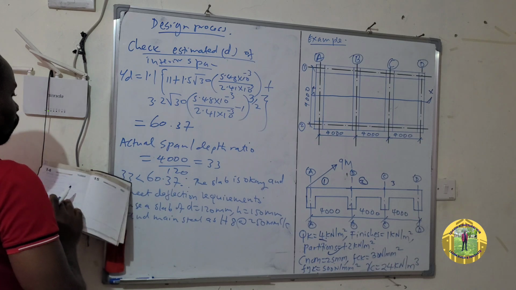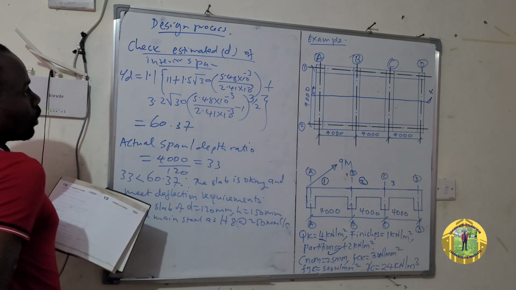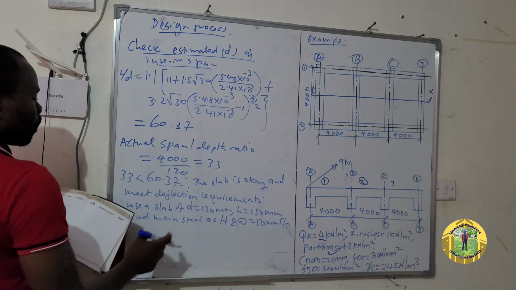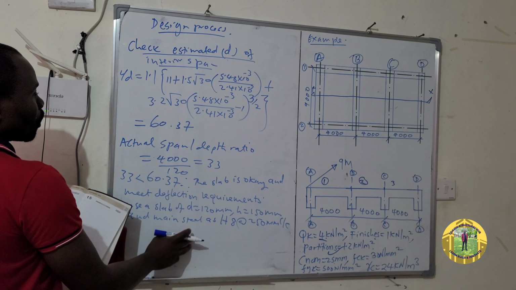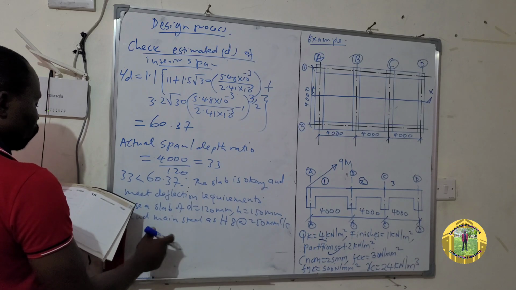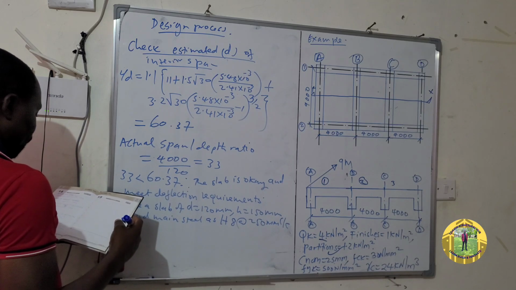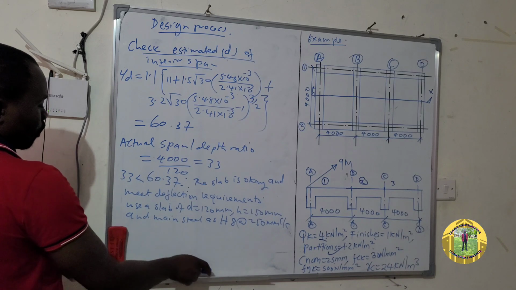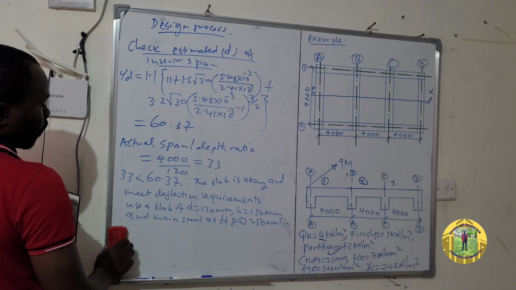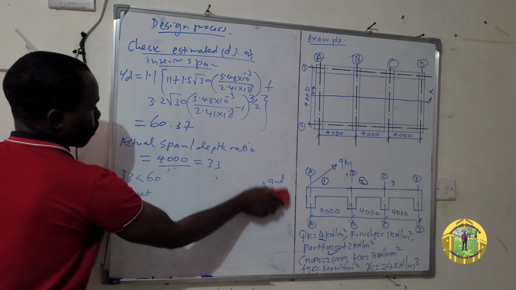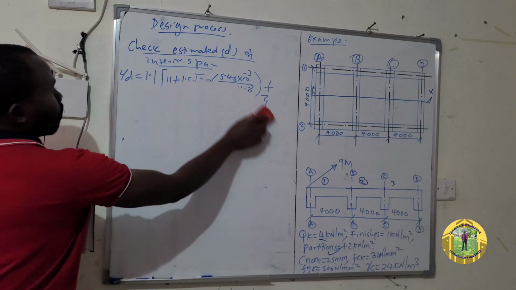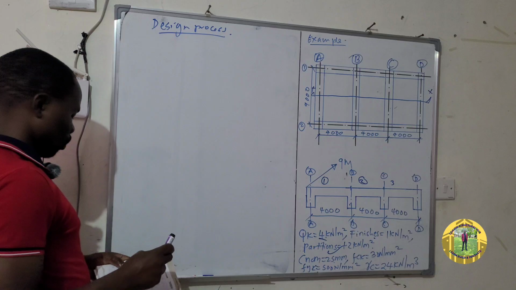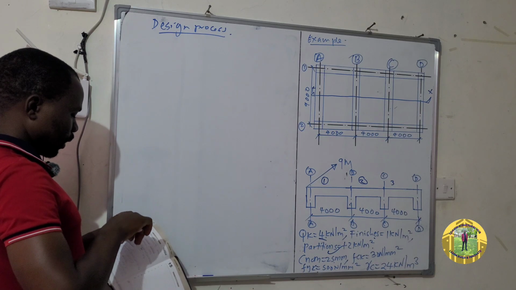For this plan, there is no interior support. Therefore, this is the end of the design, but we have to check for spacing and areas. So we check for spacing and areas. Allow me to clean here. So we have the spacing and areas.